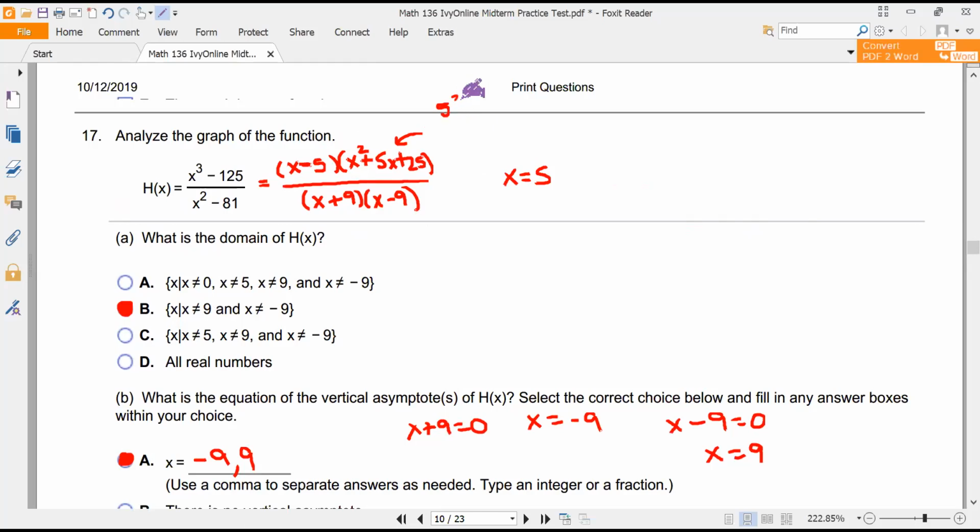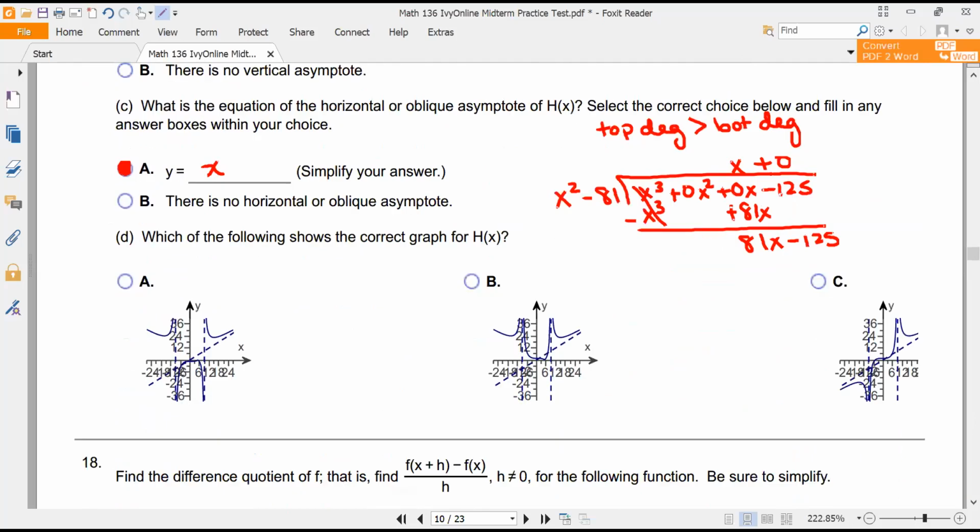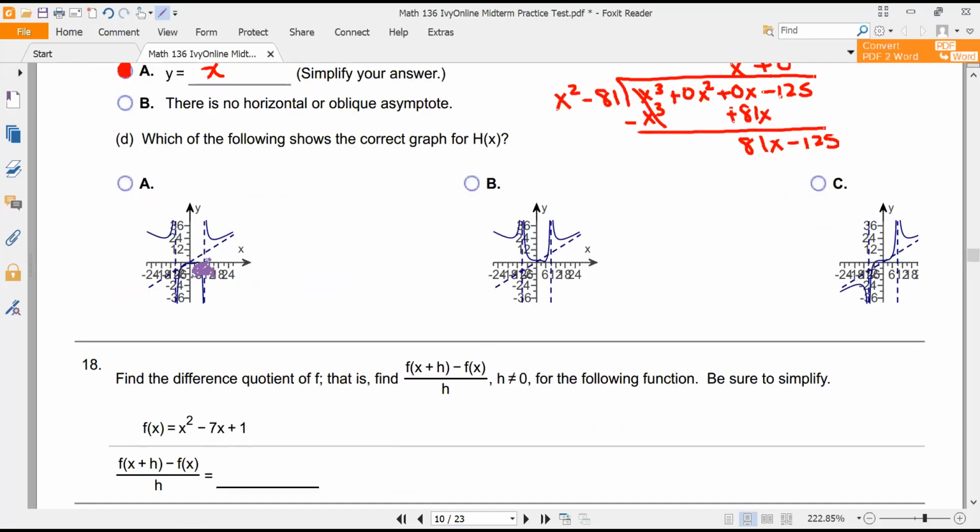B squared minus 4ac. Notice this is 25 minus 100. This is a negative under my square root. That means it's imaginary. Imaginary numbers are not on our xy axis. They are not real numbers. So x equals 5 is the x-intercept, which it looks like this one is touching. It's really hard because I can't zoom in on them. This one's touching at x equals 5.